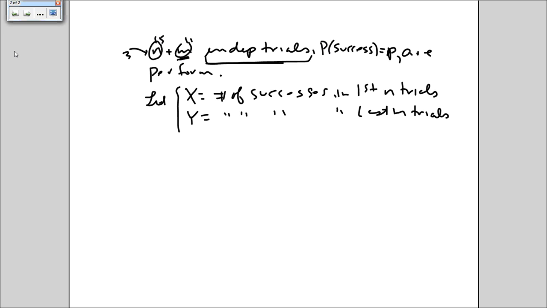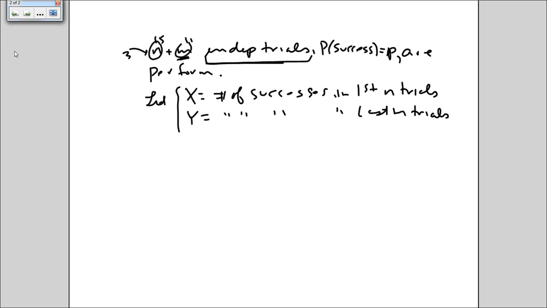If you toss a coin 26 times, and for some reason you want to isolate the first 15 tosses and the last 11 tosses, and success is a head. If you get 14 heads in the first 15, it's not going to have any effect on the last 11. So clearly X and Y are independent.